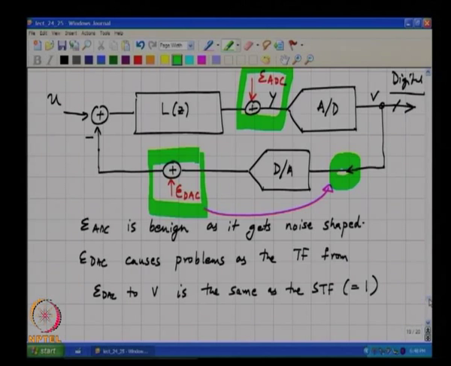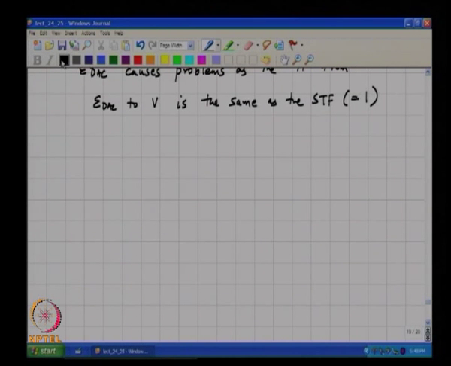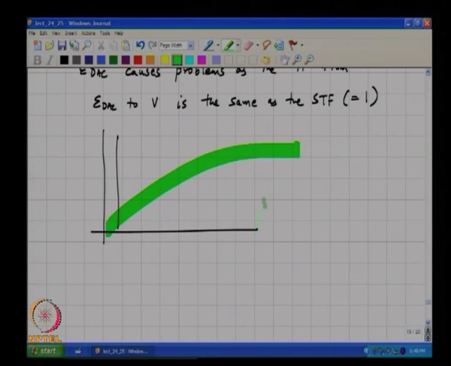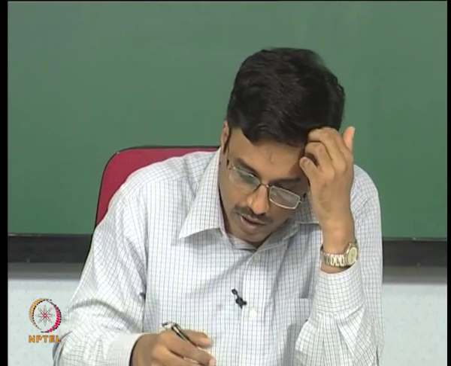So, the spectrum here consists of the input plus some shaped noise, right, and E DAC is a nonlinear function of this sequence which has got this spectrum, right. If you take something like this and pass it through a nonlinearity, what do you expect you will get? If you take a sinusoid and pass it through, you will get harmonics, very good.